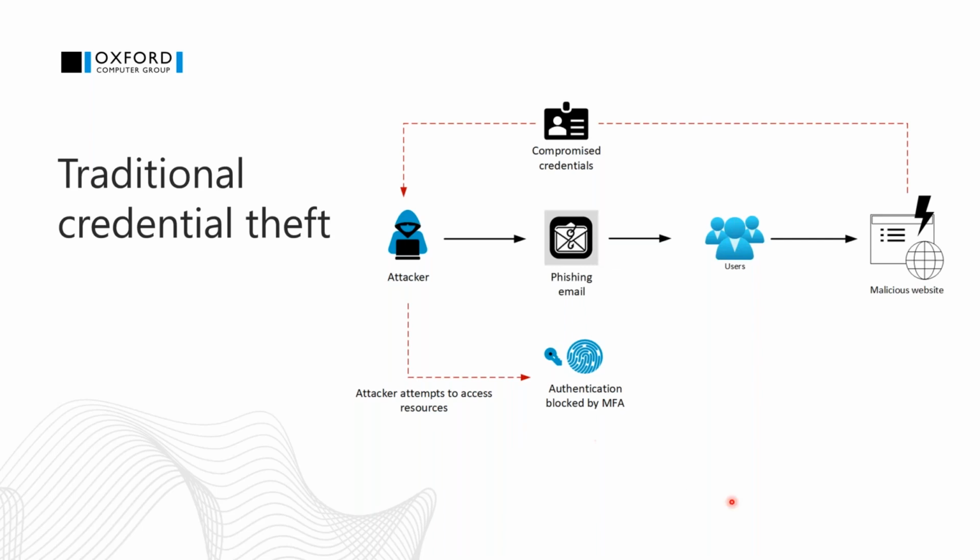Because MFA is going to block that authentication. And again, as mentioned before, we're seeing a nice uptick of MFA being enabled in many of our clients' environments. And so those traditional credential stealing efforts are no longer working.